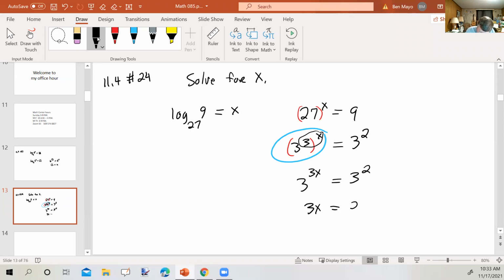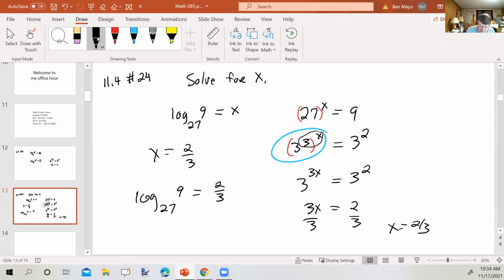Therefore, the exponents are equal. 3x equals 2, divide by 3, x equals 2/3. So log base 27 of 9 equals 2/3. Final answer, 2/3. Okay, before we go on, any questions from any of you?